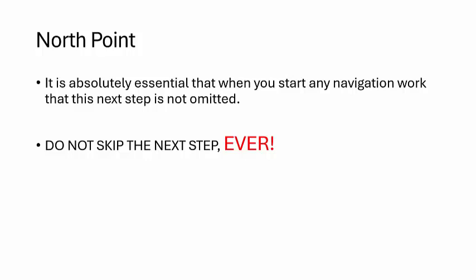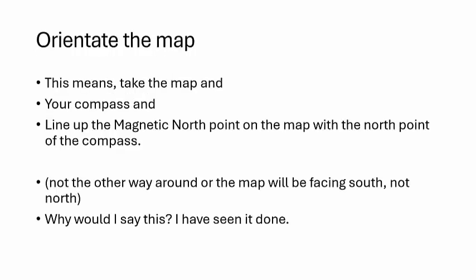Okay, the very first thing you do with a map when you're going to use it for anything, if you have to use it to find a place or be directional for navigation, orienteering type work, never ever skip this next step. And I'm saying that because I've seen it done. You have to orientate the map.